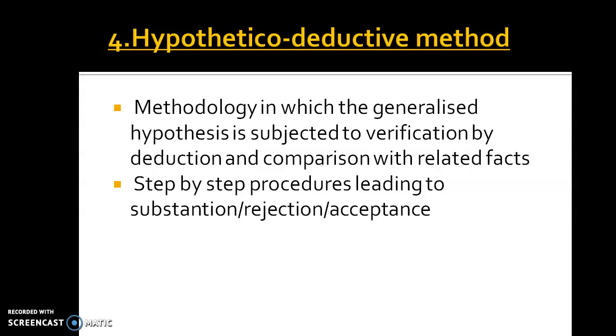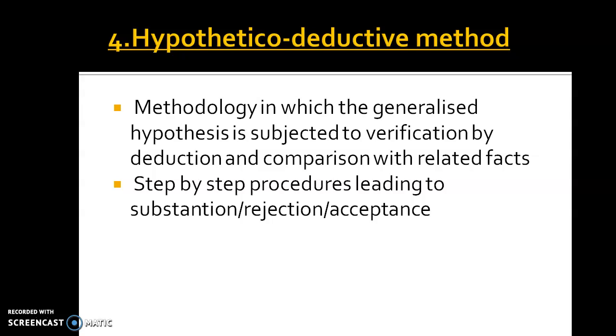Then the fourth one is called hypothetico-deductive method. Here, the methodology in which the generalized hypothesis is subjected to verification by means of deductive method, and we are comparing this with the related facts. So here we are performing the experiment, and it is subjected to verification by means of deductive method.